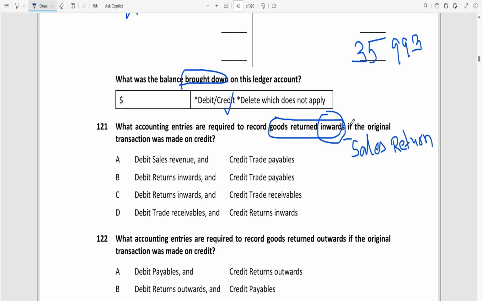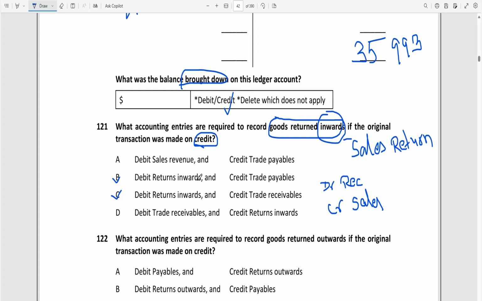So what will be the transaction? First of all, we need to reduce the sales and we will post sales return. So on the debit side, we will have a sales return. If we evaluate each of the four options, there are only two options where there is sales return on the debit side. So return inward is also called sales return.